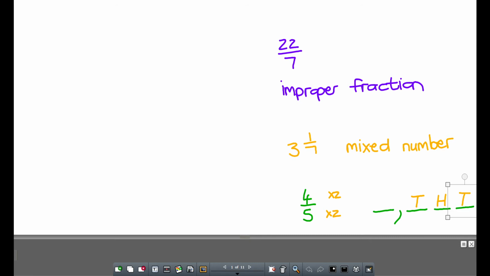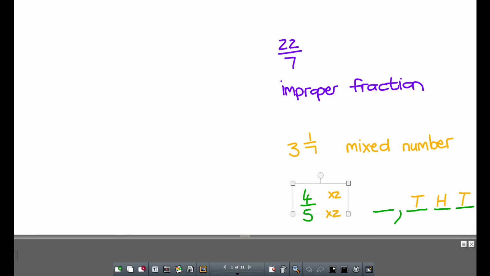Yeah. So our main goal is to get this denominator to either be a 10 or 100 or 1,000. Okay. So to get that, the closest one would be to make that 5 a 10. And how would I do that? I'm going to multiply with 2. And when I multiply with 2 at the bottom, I also have to multiply with 2 at the top.